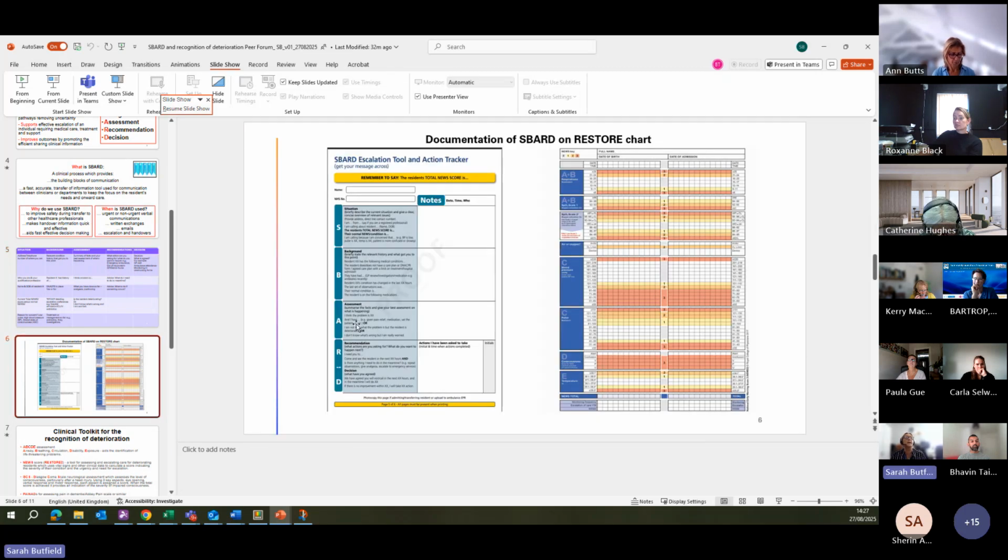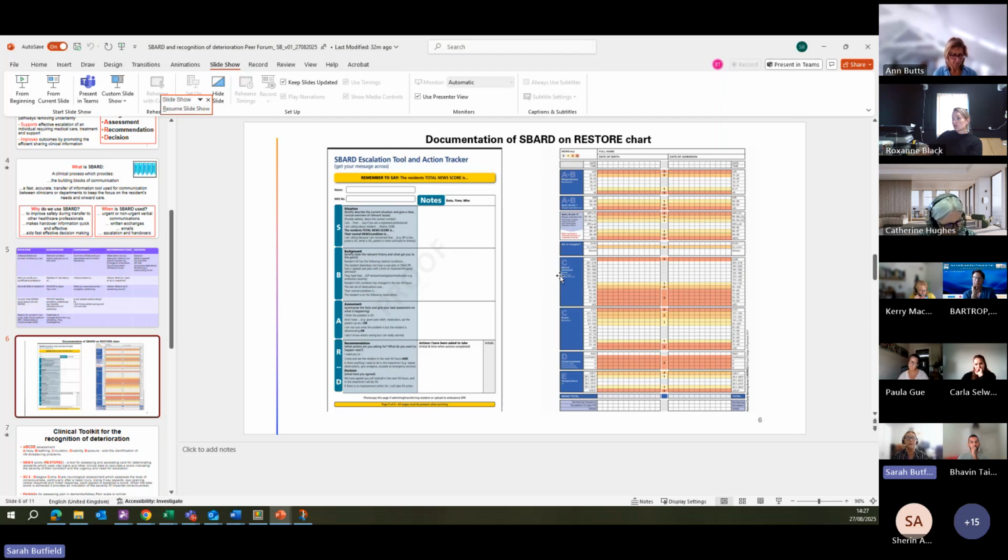Now, really importantly, those of us that are nurses and who have done this before will have our own way of how we would verbalise and transfer this information. But if you are supporting teams and you've got to give them guidance on how you would want them to communicate, you have to provide them with some tools.